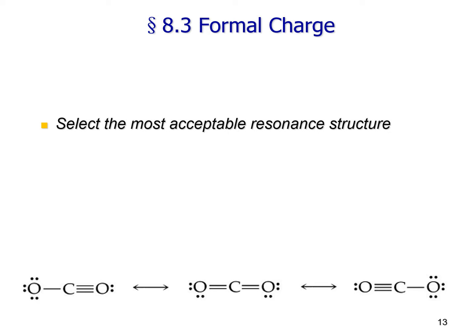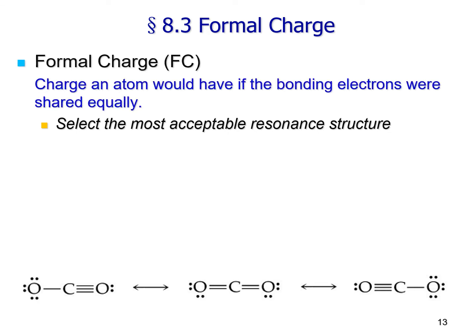But can we do that with math? Remember, for science, math is the ultimate way to prove things. If something is being proved by mathematics, there's no more argument of whether that is going to be wrong. And it has turned out that there is the math for us to pick the most acceptable resonance structure.